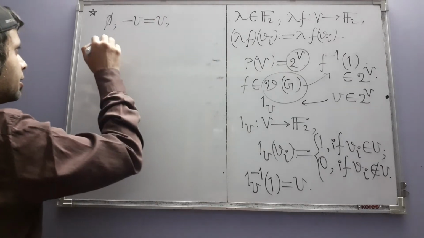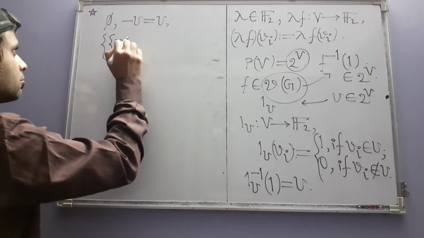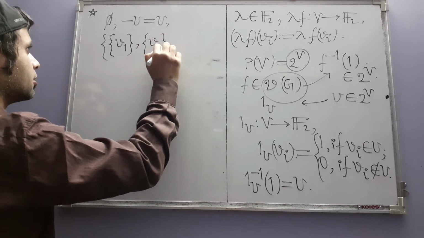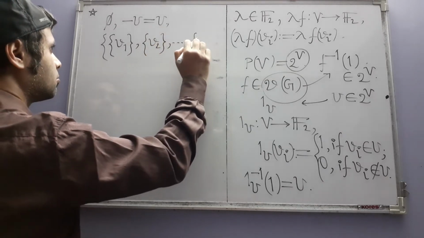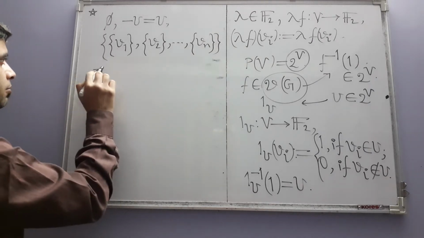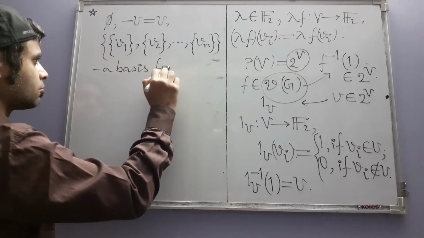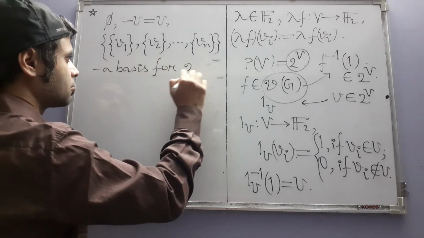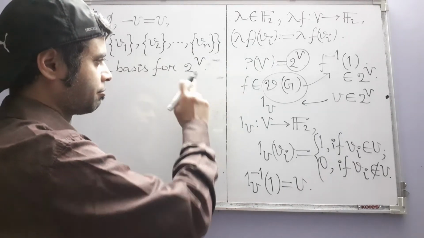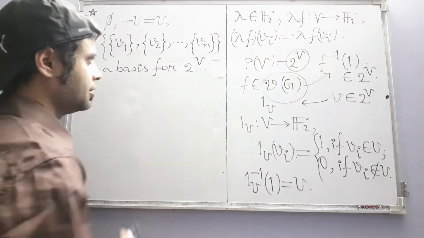Something else also we have seen. We saw that this collection turns out to be a basis for the power set, I mean our vertex space interpreted in this way.